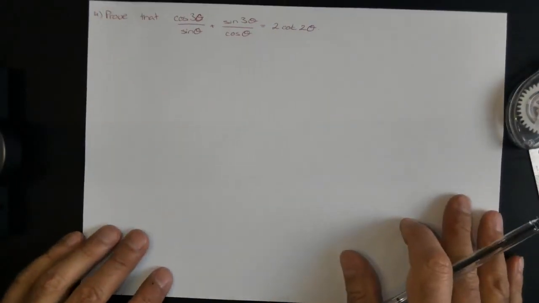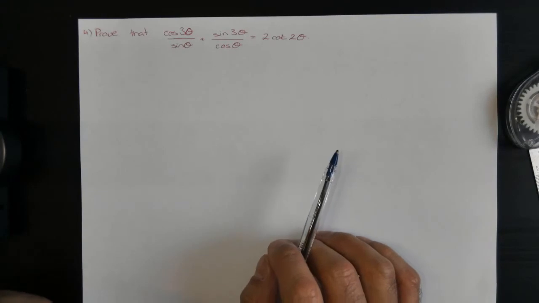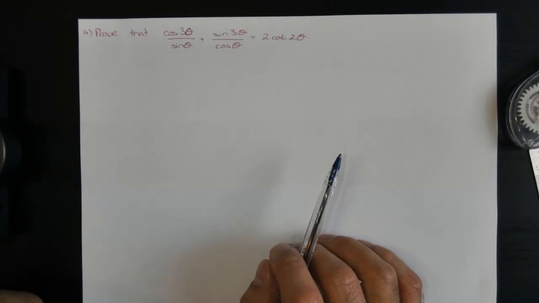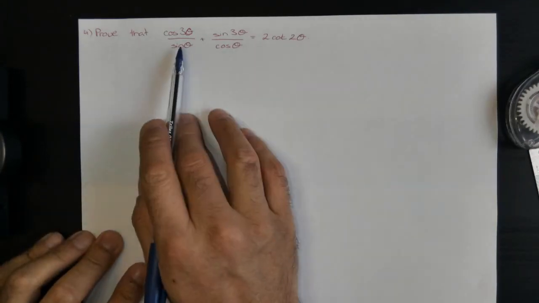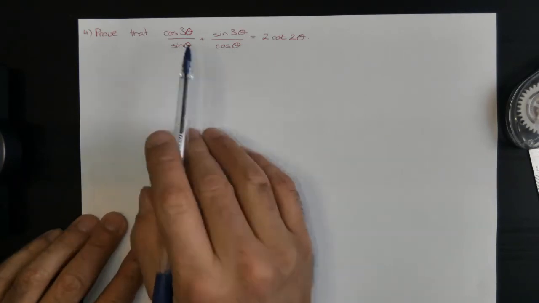Alright. We want to prove that cos 3 theta over sine theta plus sine 3 theta over cos theta equals 2 cot 2 theta. Okay. So looking at the left-hand side, I'm going to add these fractions by multiplying.